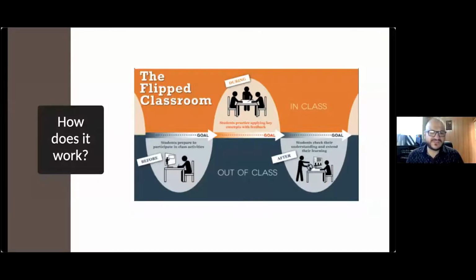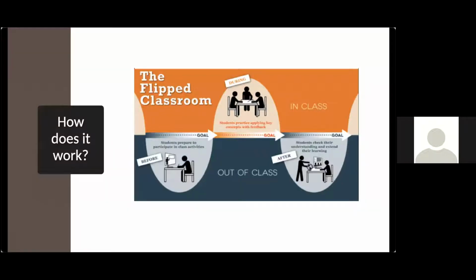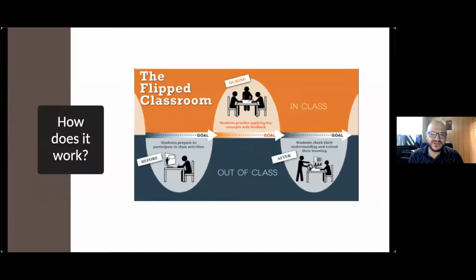Okay, so that is the flipped classroom, and this is the way we work on the flipped classroom. So how does it work? Well, it works like this. We have 3 times: before, during, and after. Before the class, the student is going to receive material, lectures, videos, links, whatever the teacher considers good to prepare him or her for the class.